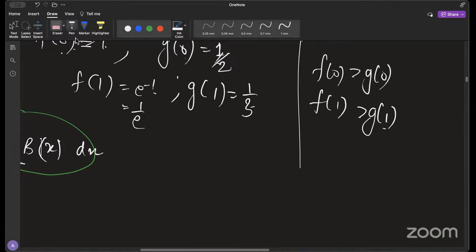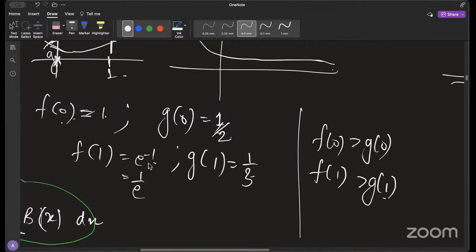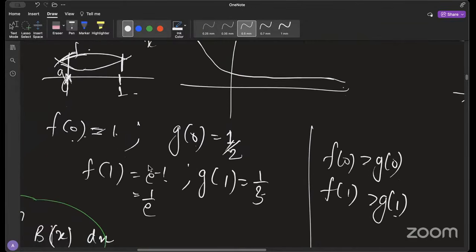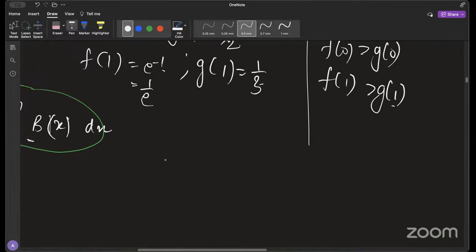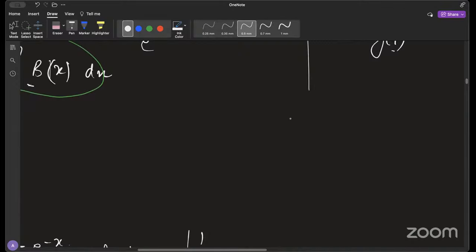Sometimes they give the NAT type question, no? For that only I said, if you have an NAT type question where you have to write the exact answer in decimals, then you can simply find natural log of 3 by 2 instead of finding natural log of 3 minus natural log of 2 on the calculator, right?